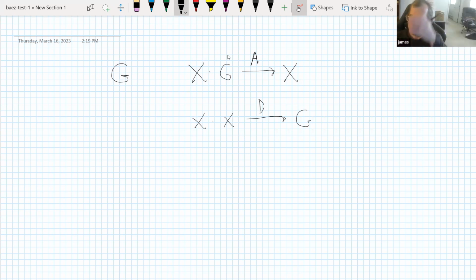We've got to work this out better so we can both write on the same page. I would like you to write that right now. So what are you telling me to write? That second map: send the pair x comma x prime to the group element x over x prime.